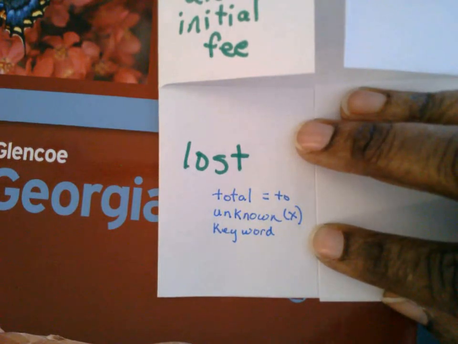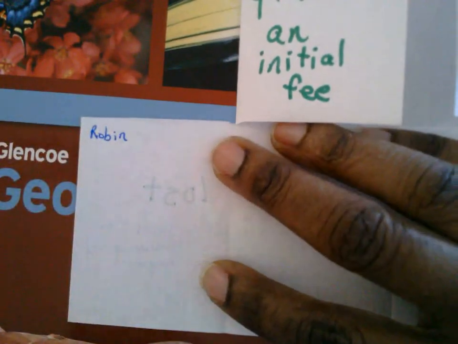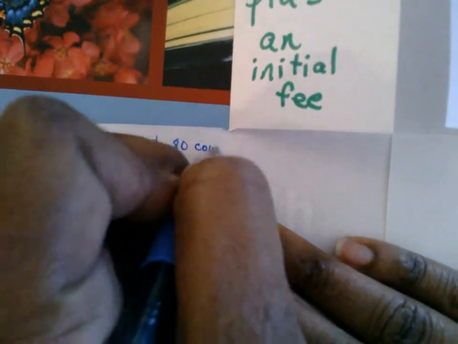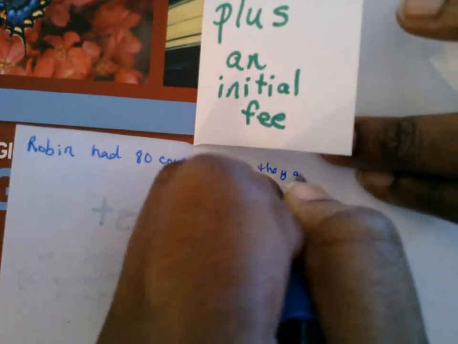Okay, so the word is lost. Robin had 80 coupons when they arrived.